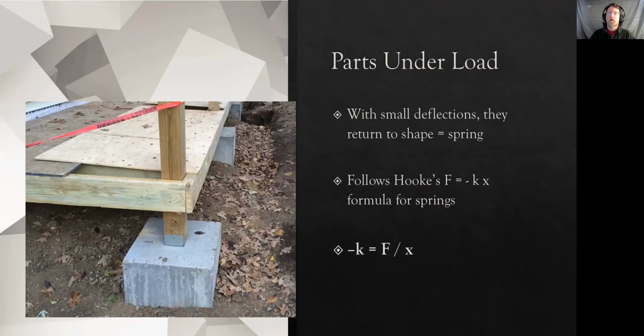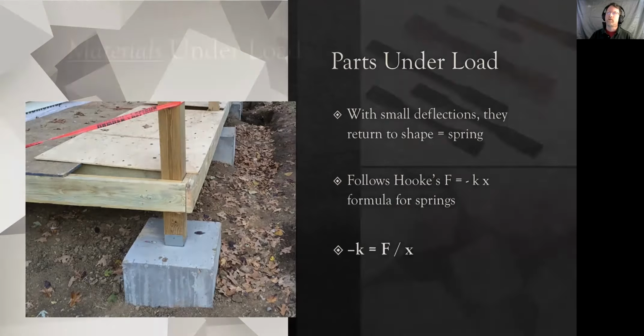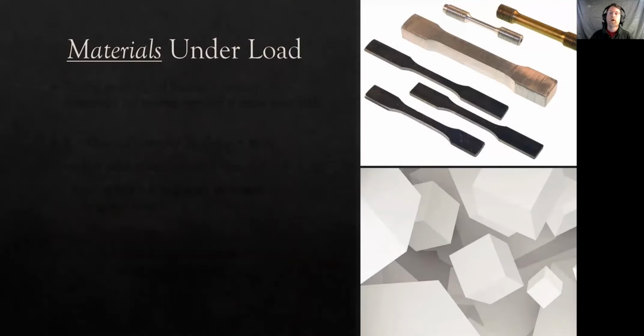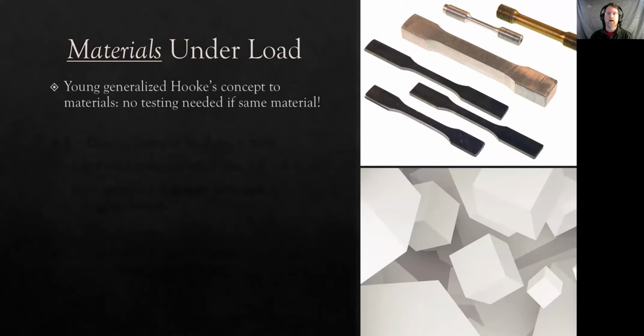Now that was great for individual parts. The problem was that if you had a new part, you had to do all sorts of new testing to figure out what this was every single time. So what developed after that was Thomas Young, a very bright person. He generalized Hooke's concept to the material itself.